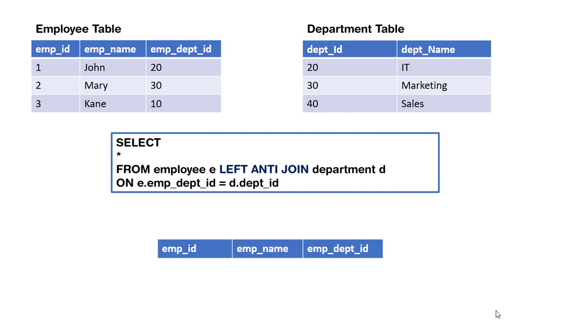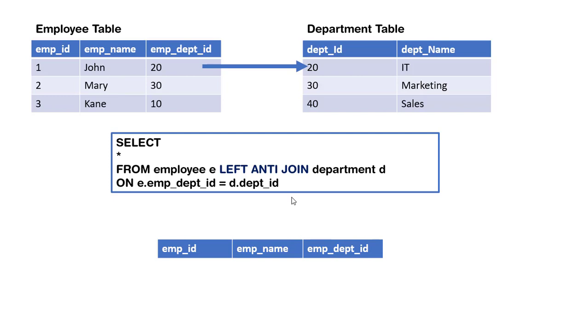So let's see the left anti join. In the SQL statement, I am selecting everything from employee and department and I am doing a left anti join. Left anti join works in a way that it will only select the non matching rows from table 1 to table 2. Let's see the visualization so that we understand how this works.